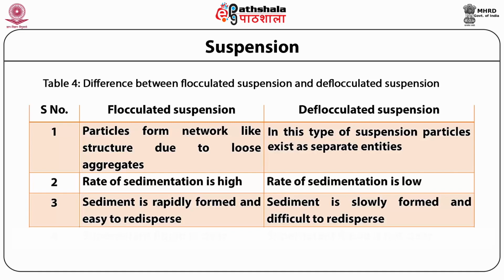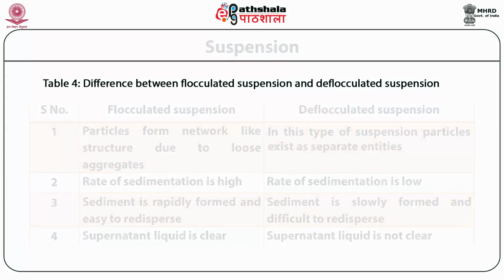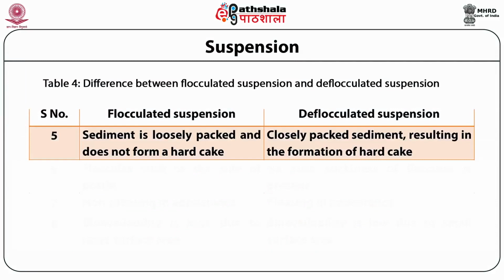In a flocculated suspension, the supernatant liquid is clear, whereas it is not clear in the case of a deflocculated suspension. In a flocculated suspension, sediment is loosely packed and does not form a hard cake, whereas a hard cake is seen in the case of a deflocculated suspension.